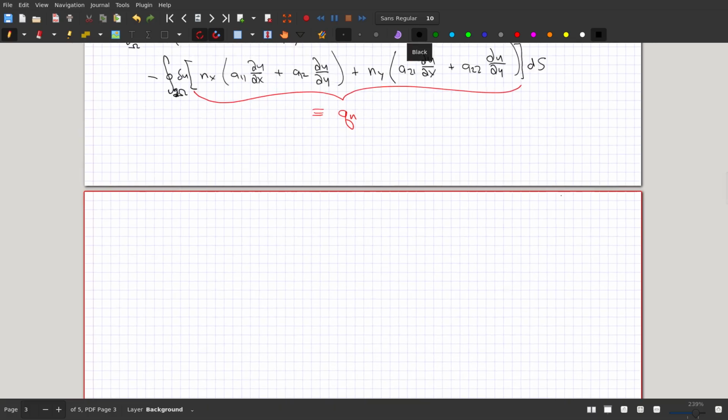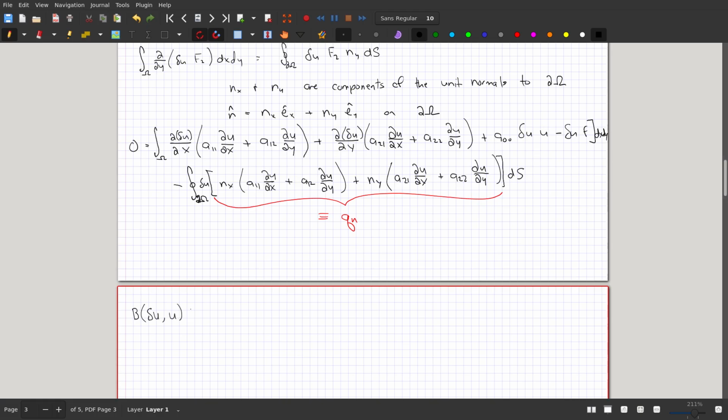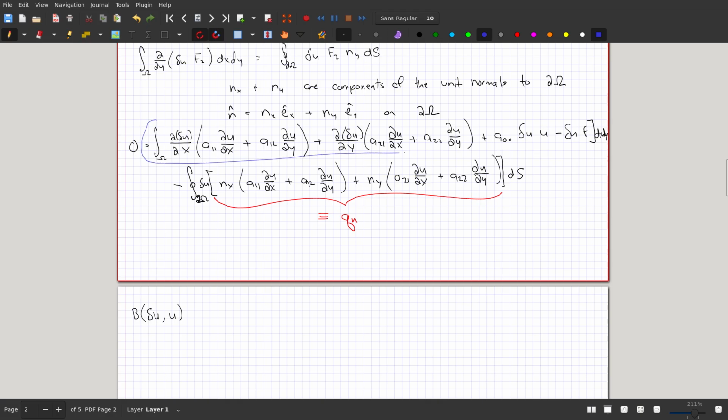Remember we have this bilinear operator that's a function of del u and u. So what we want to do is grab all the terms that involve both del u and u, so that is essentially those terms.